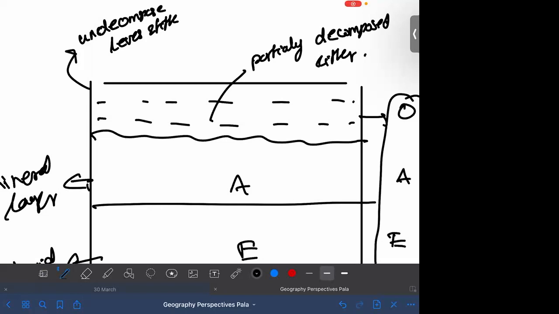Okay, so this is how you have the various layers of soil. Now we have to write that in a few words. Is the structure clear, right?